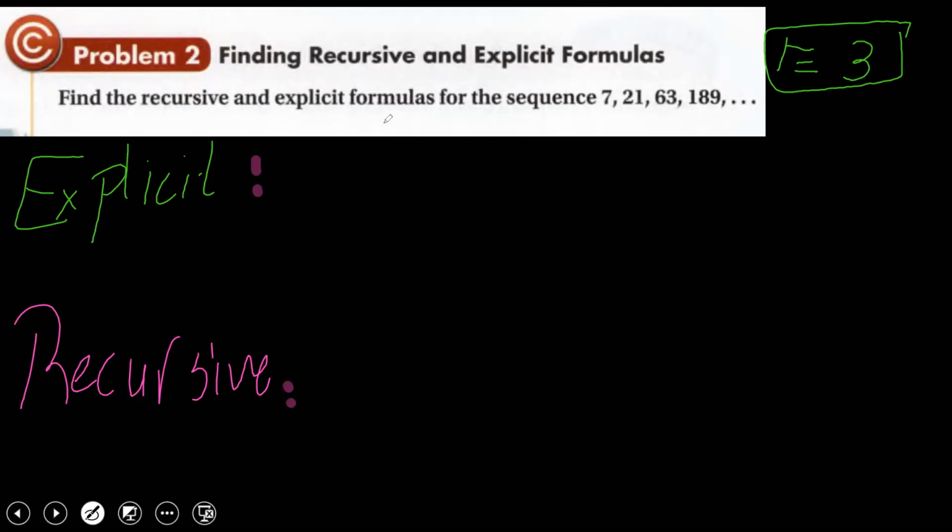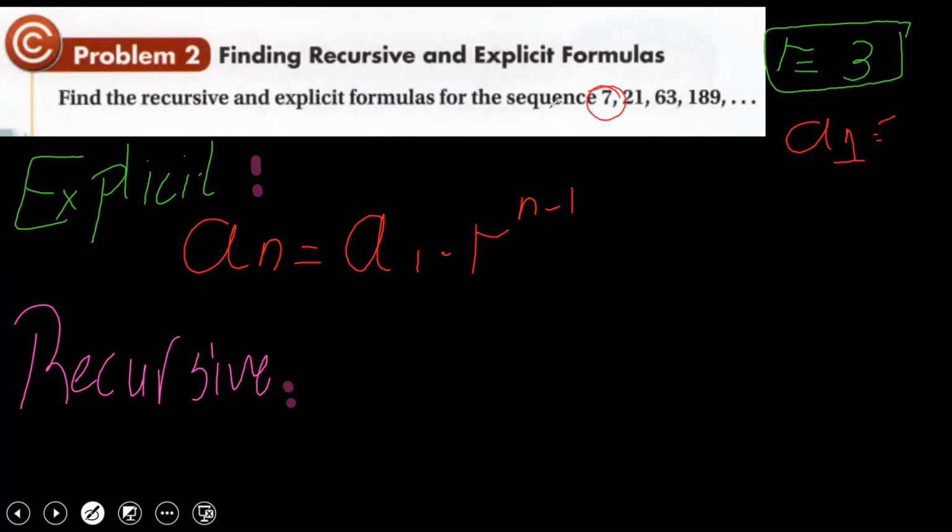Now, for the explicit formula, what is the definition of it? It says that a sub n is a sub 1 times r raised to the power n minus 1. So, what do I need? I need r and I need a sub 1. What does a sub 1 mean? It is the first term, which is 7.